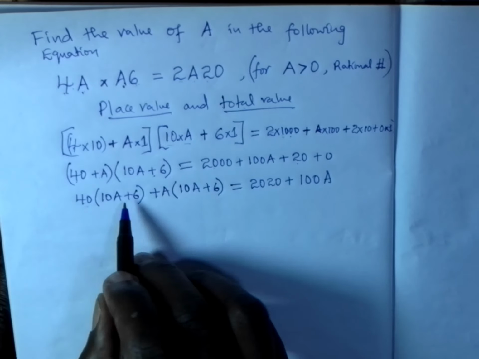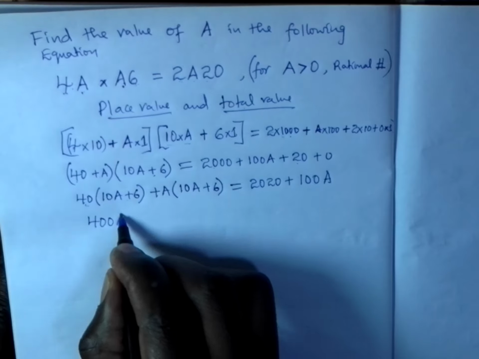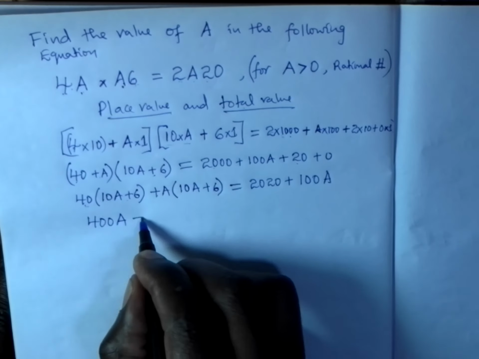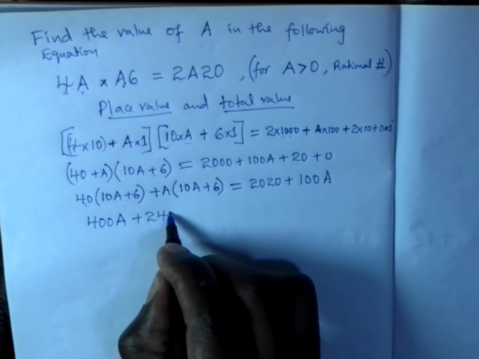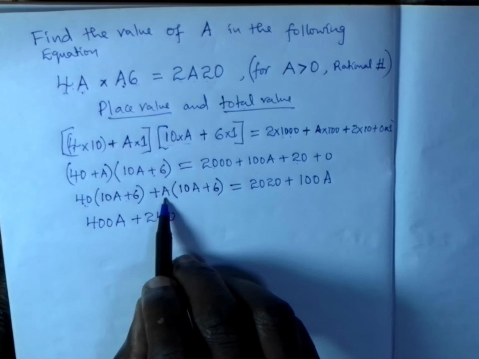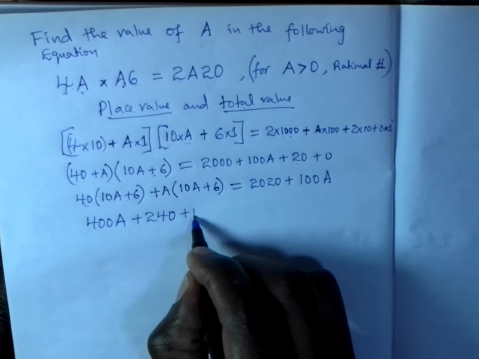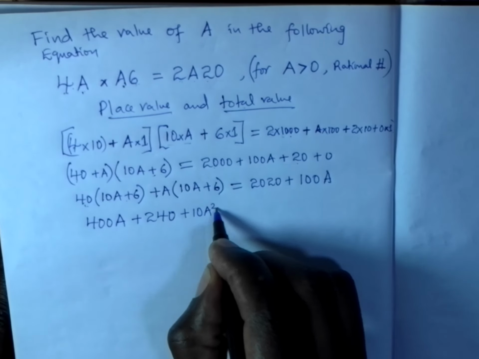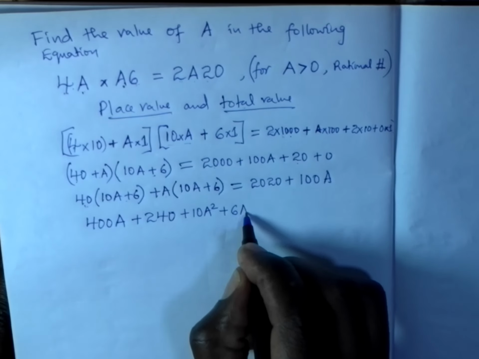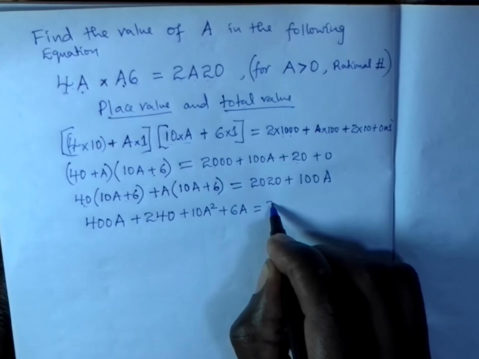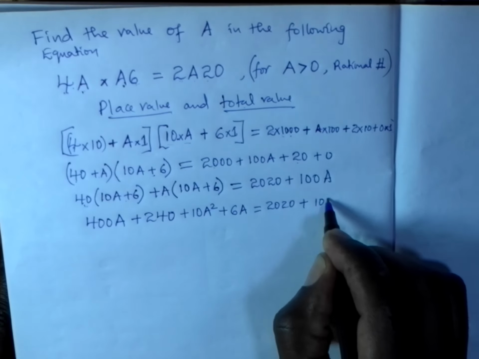Here we open the bracket, so 40 times 10a, that is 400a, then plus 40 times 6, that is 240, then a times 10a, that is plus 10a squared, then a times 6, then plus 6a, will be equal to 2020 plus 100a.